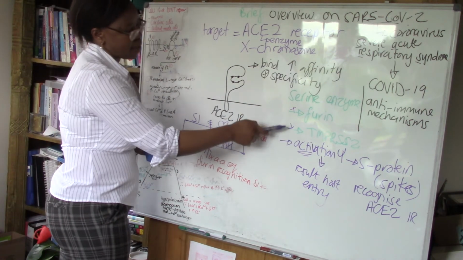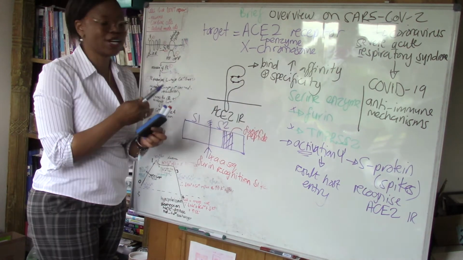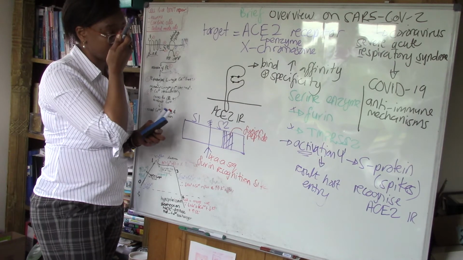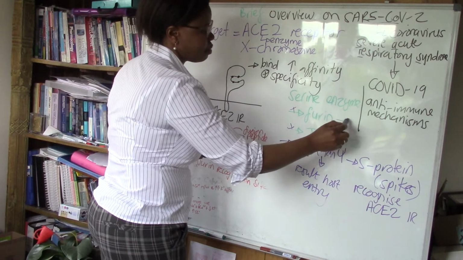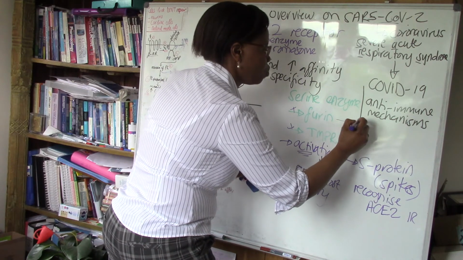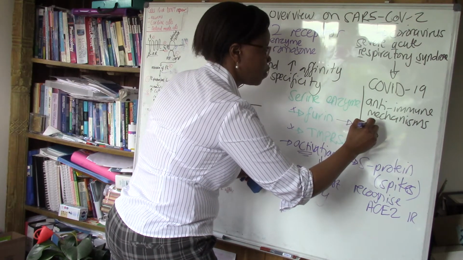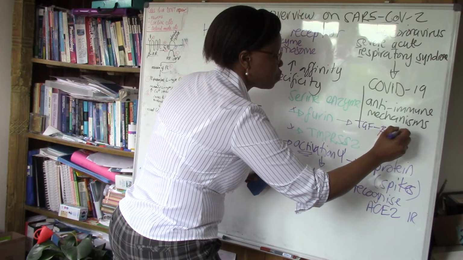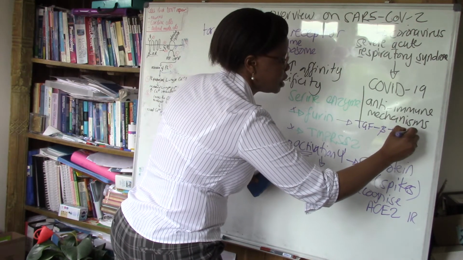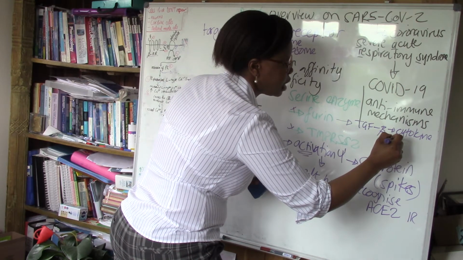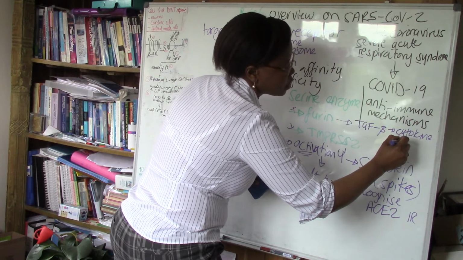And we express these two enzymes, we need them for a lot of systems in the human body. For example, furin itself is also used to activate transforming growth factor beta, which is a powerful cytokine that can activate immune responses.